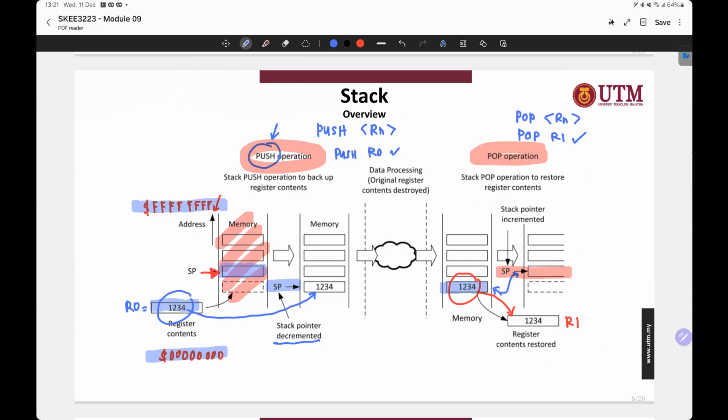It depends on how much data you're going to push. If you're going to push 32-bit data, it means your memory address will be incremented by 4 bytes. If you're going to push 8-bit data, the memory address will increase by 1 byte.